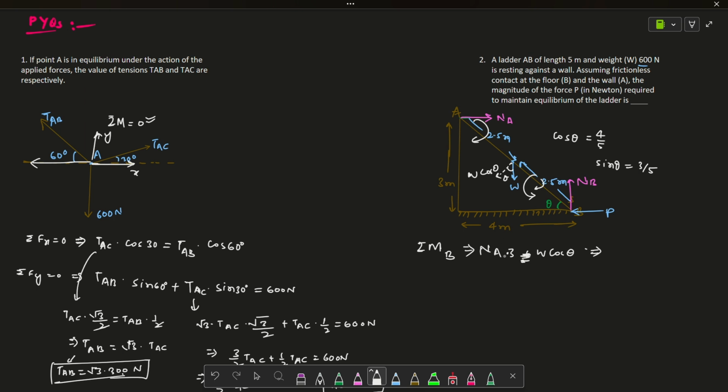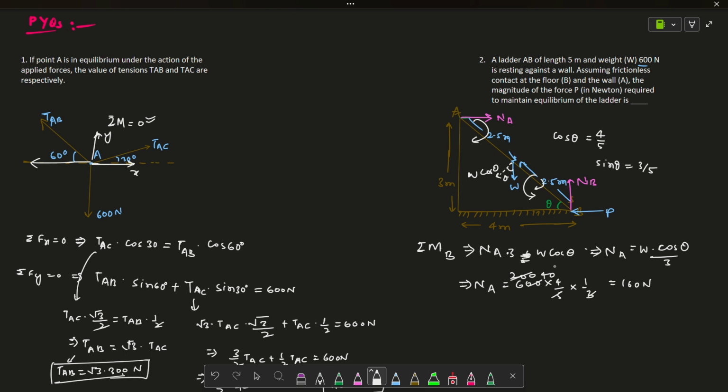So NA would be W is 600 Newton, cos theta is 4 by 5, and 1 by 3, right? So 200 is here, 5 4 is 20, so 160 Newton is NA, right? Am I correct?